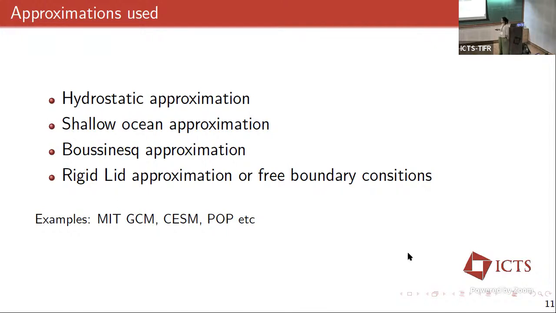I'll talk about it. Some example ocean models are MITgcm, CESM, POP. The full forms of these I will let you know shortly, but for now it is not important. Just remember that these are the 4 important approximations which are used by all the ocean models till date.